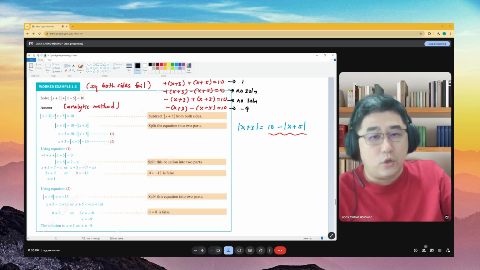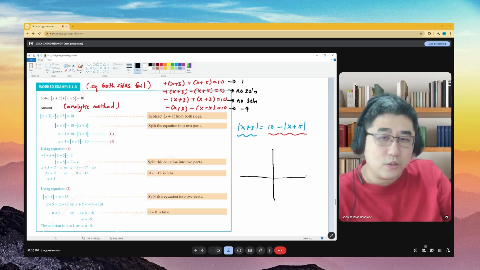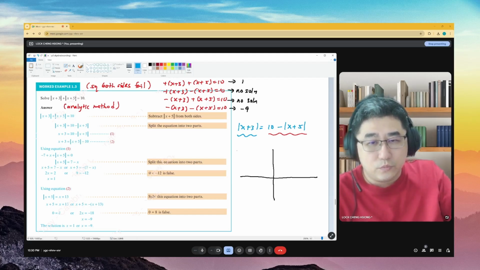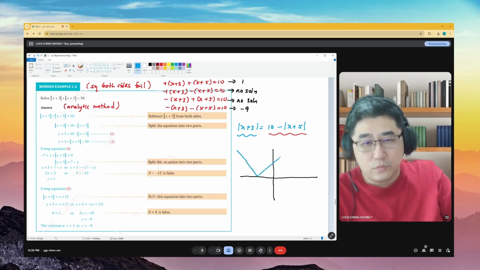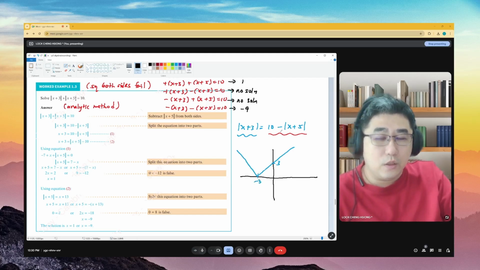So this one, let's say I draw it as blue, and this one I draw as red. I draw the axes so you can see the shape. Blue color, I have a 3. Then 10 minus x equals 0, you have a 5.